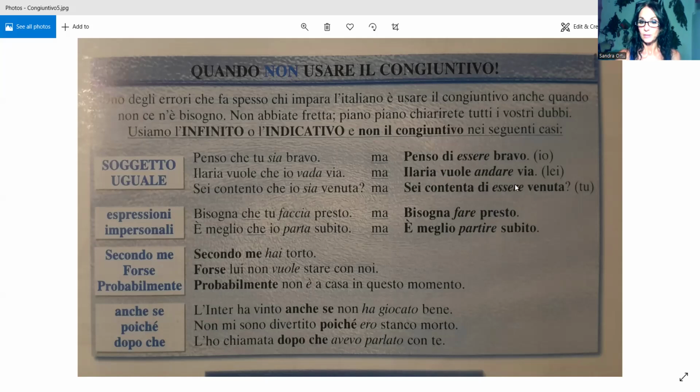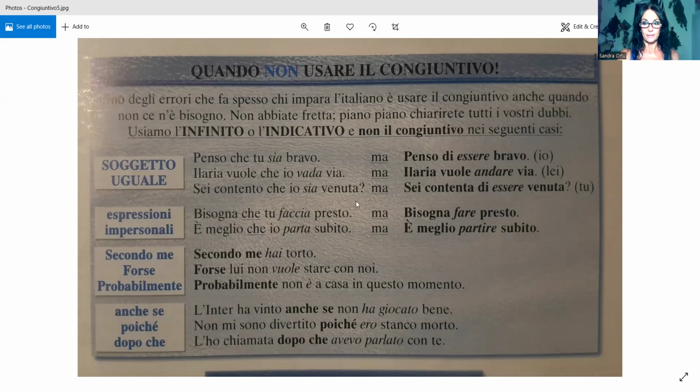These other two sentences, no modal verb, so you have di and the infinitive. And we have the same subject here. Are you happy that you have come? So this is when the subject is the same. We do not use subjunctive.